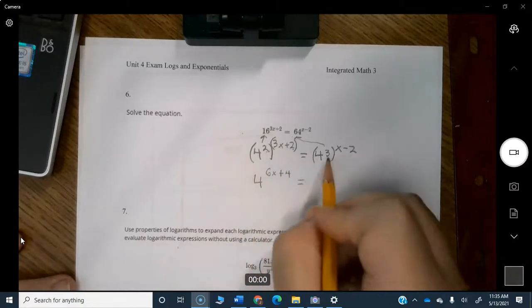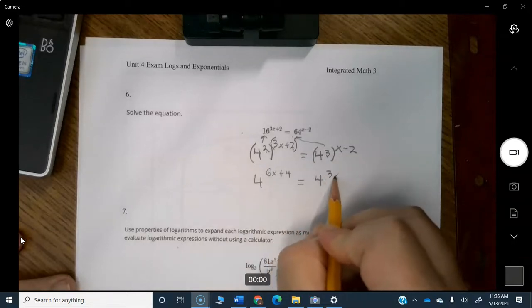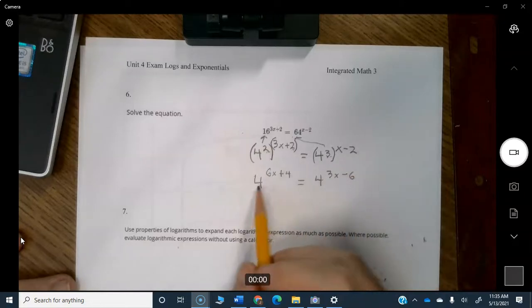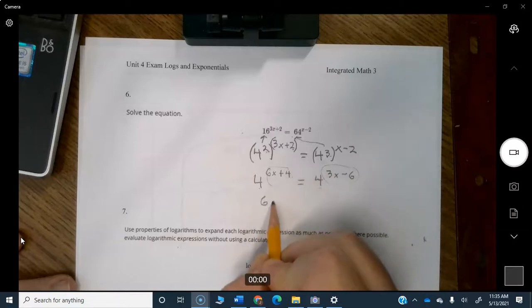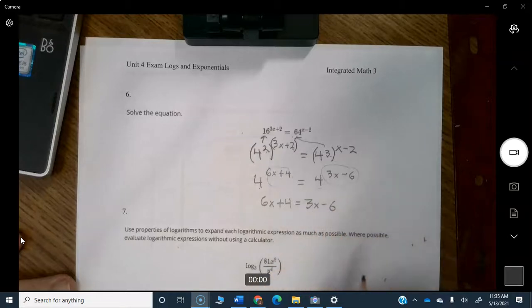Okay, that equals over here 3 times x is 3x, and 3 times negative 2 is negative 6. So 4 raised to this equals 4 raised to this, then these two exponents have to be equal to each other. So 6x plus 4 equals 3x minus 6.